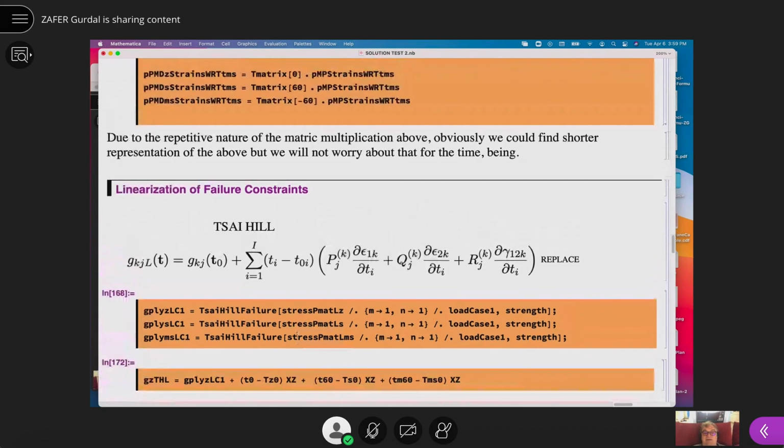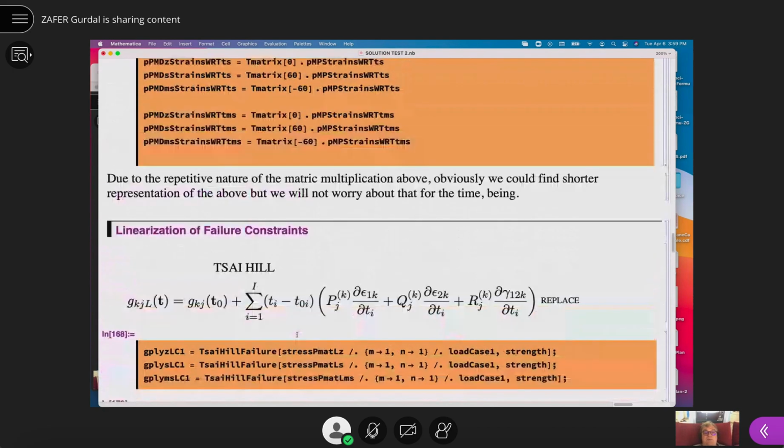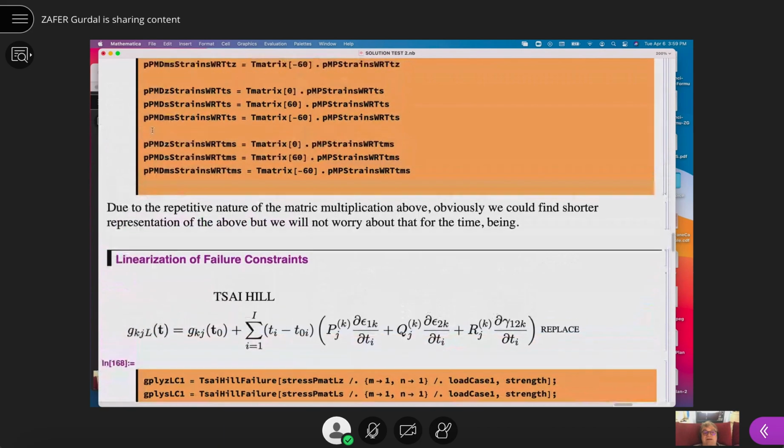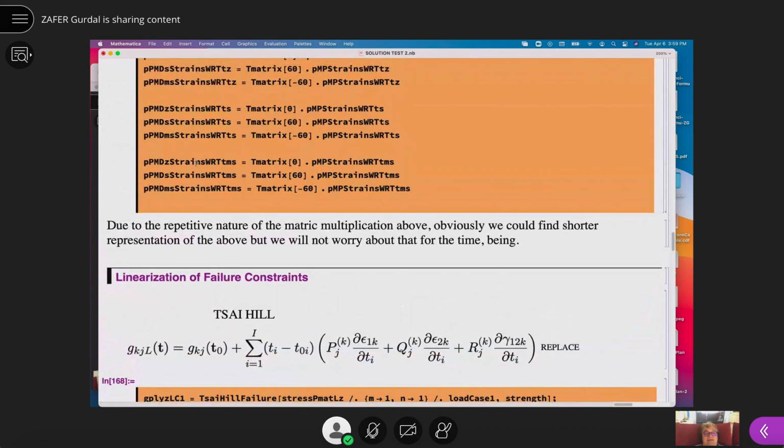And that we have the principal material direction strain with respect to 0 degree ply. So we're going to actually send these in instead of calling the Psi-Hill subroutine with stresses.